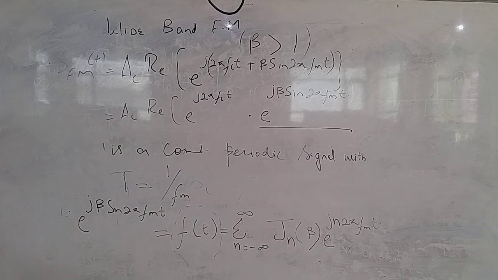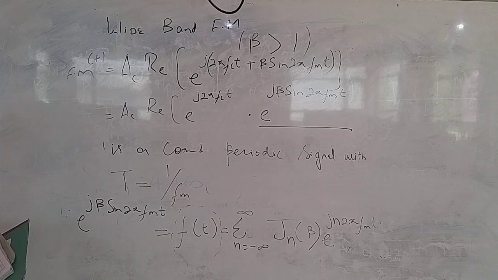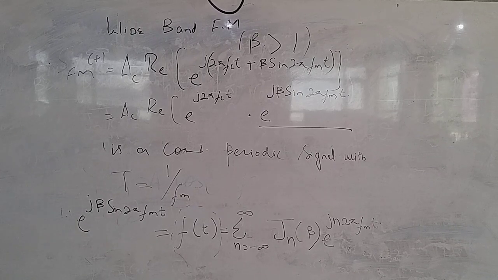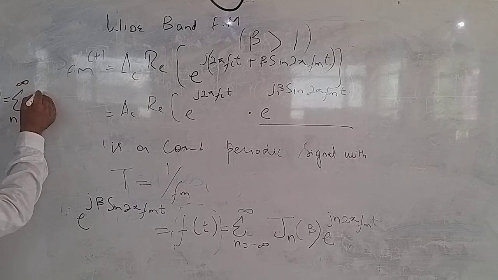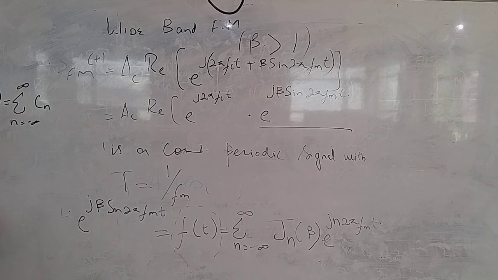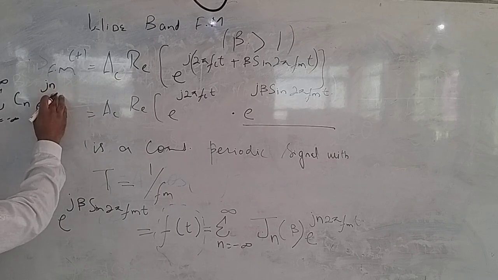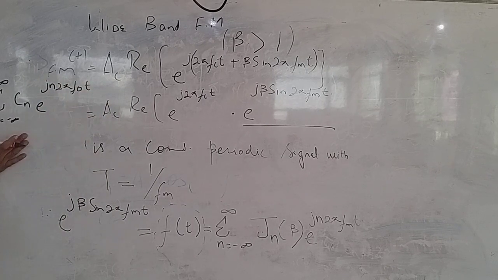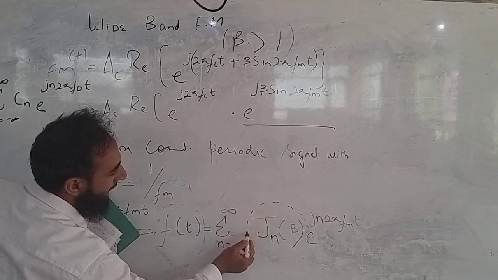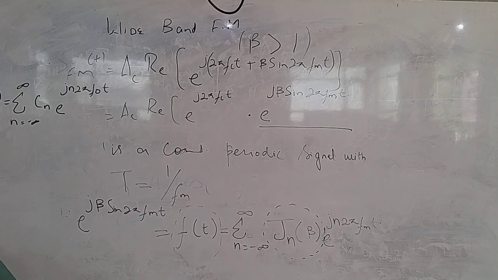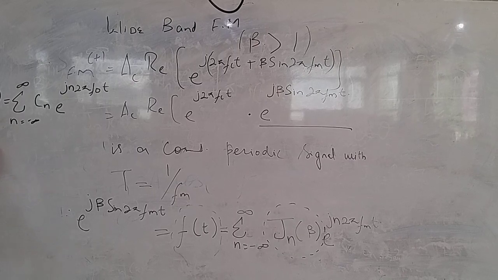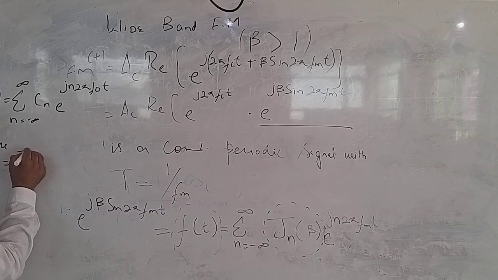F of t is the exponential Fourier series given as F of t is equal to summation of n going from minus infinity to infinity of Cn e raised to j n 2 pi f naught t. अब फर्क क्या है? इस केस के लिए Cn का वैल्यू है Jn of beta, that is, it is given by the Bessel function, where Cn is equal to Jn of beta.